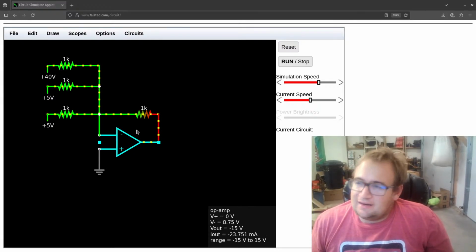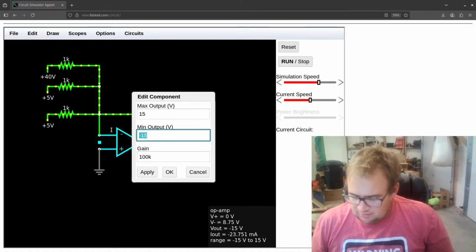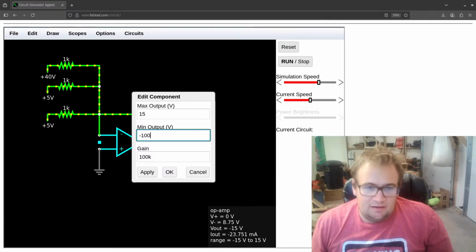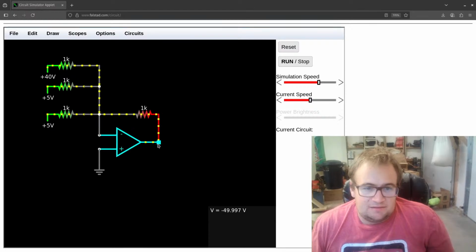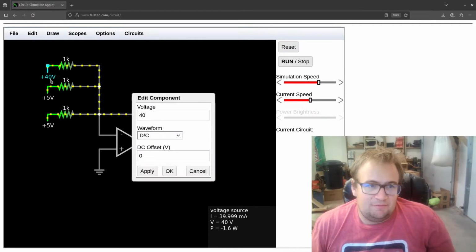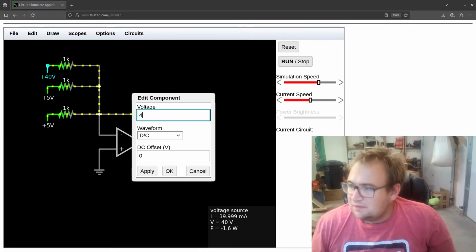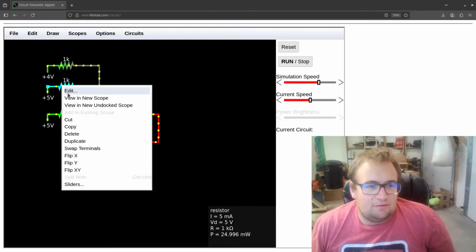You don't see that here because it's normally implied, but you can actually edit it, and I can go minus 100, plus 150 or whatever. So now you see we're at 50 volts, so it's good, but that's just silliness. Let's move it back.